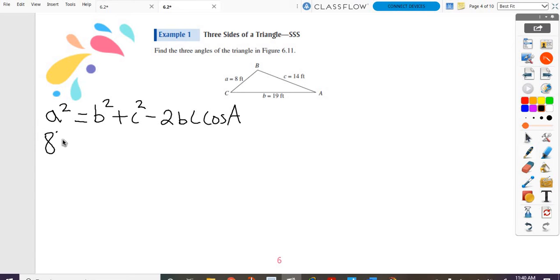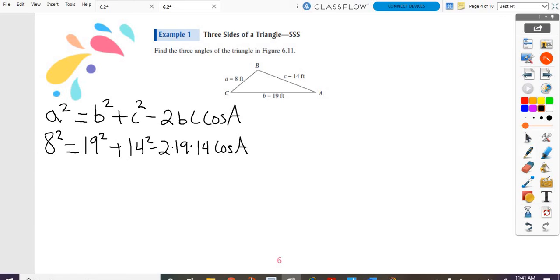So we have 8 squared equals 19 squared plus 14 squared minus 2 times 19 times 14, and then we're solving for big A.